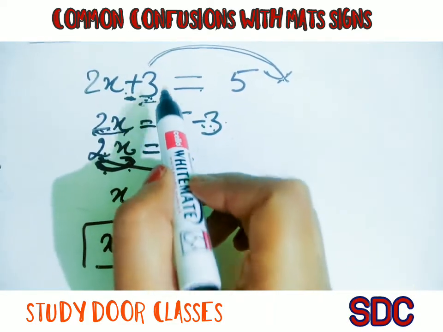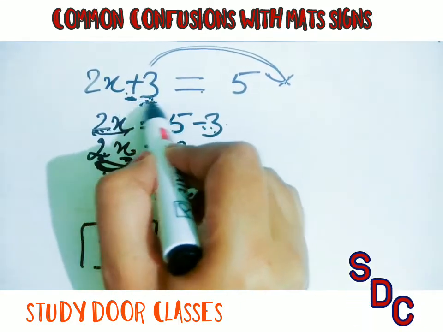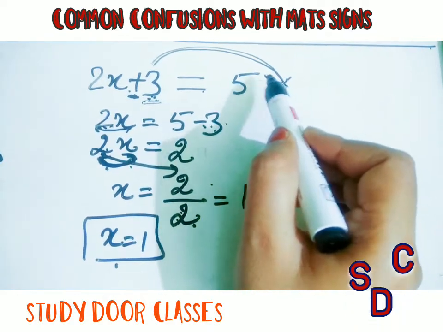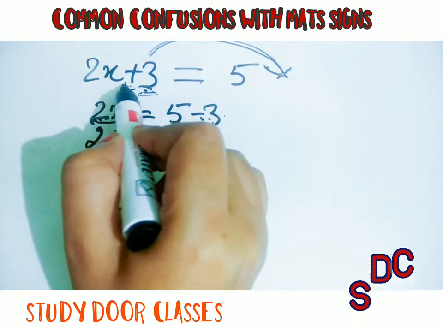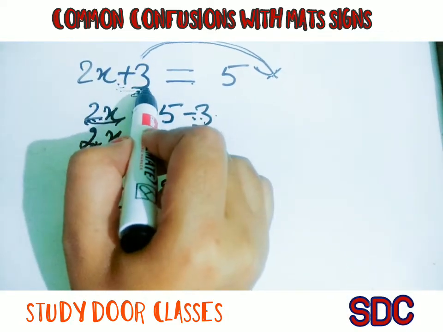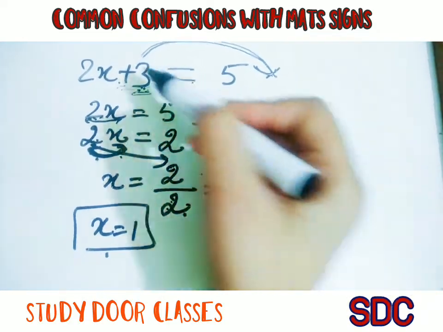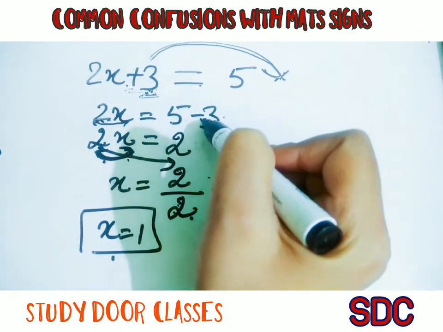What did we learn in this equation? We learnt that when a single number, like plus 3, changes position and goes to the right hand side, it changes only its sign, rather than its position. It was upward, and here it is also upward. Plus 3 changed into minus 3.